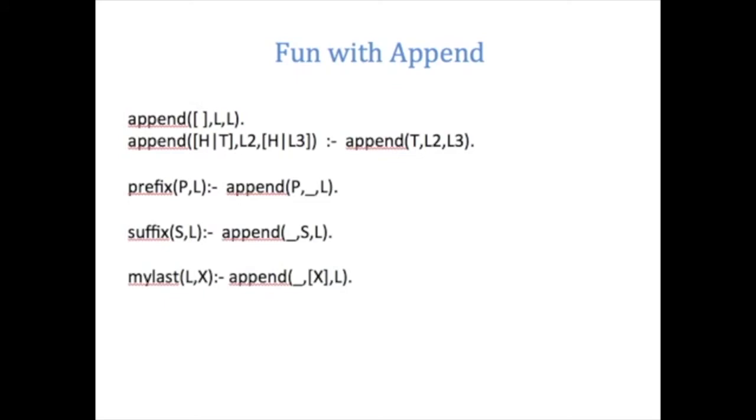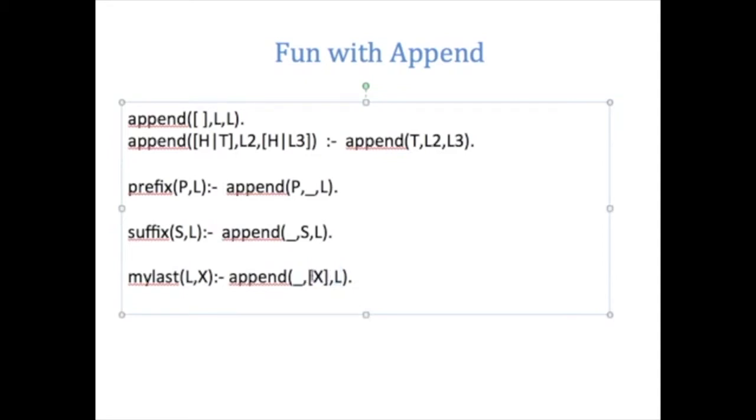And finally, we can define last this way, and I'm calling this my last because there's already a last built in, but here's the idea. I want to find out if X is the last element in L. Again, I don't care what the initial elements are, but if anything appended to an element of one list results in L, then this one element is going to be the last element of the appended list.